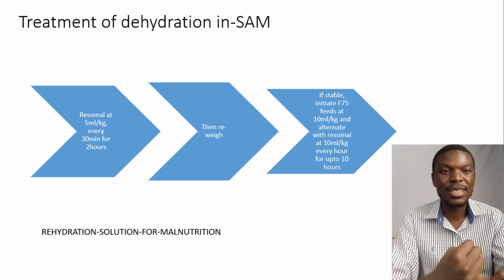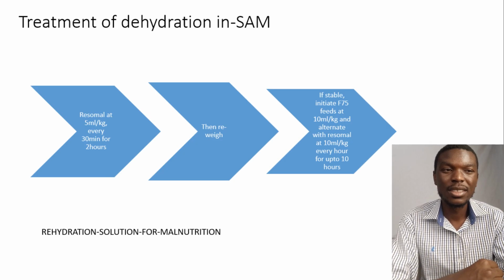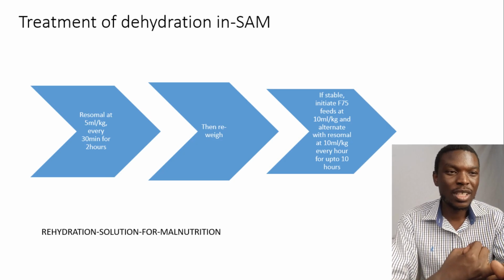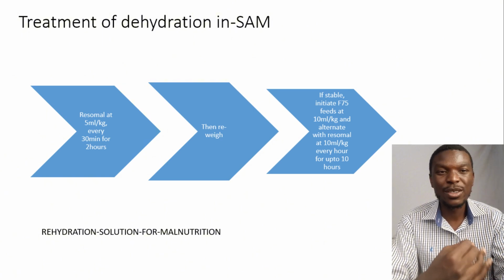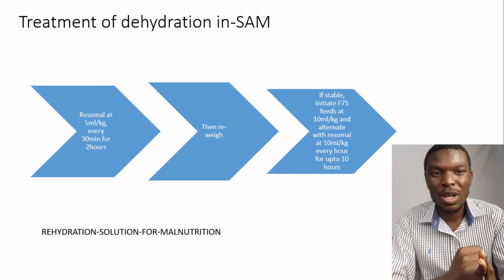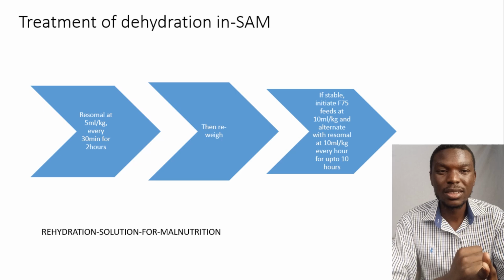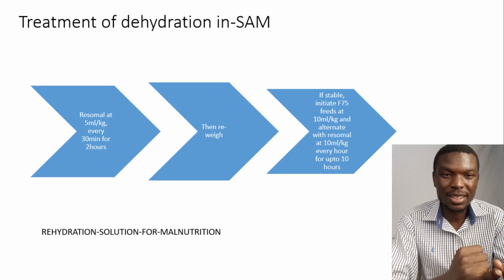This is the child who is stable, so your finding is not dehydration. You just continue feeding, and of course you can also alternate with the ReSoMal. But if the child is dehydrated, quickly go for ReSoMal at 5 ml per kg every 30 minutes for 2 hours. Then you reassess.